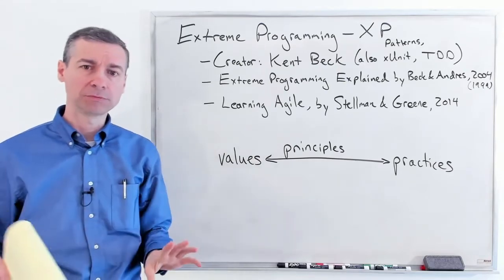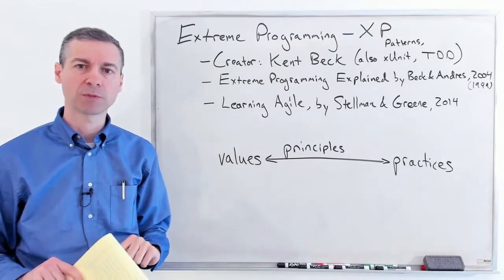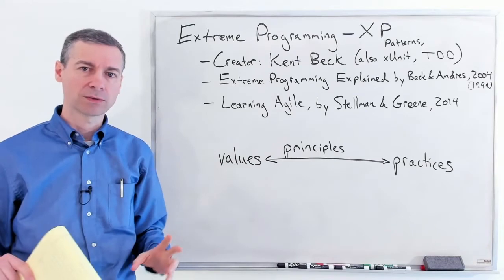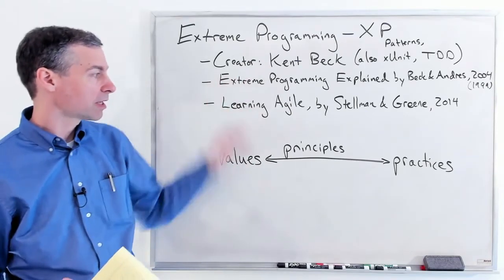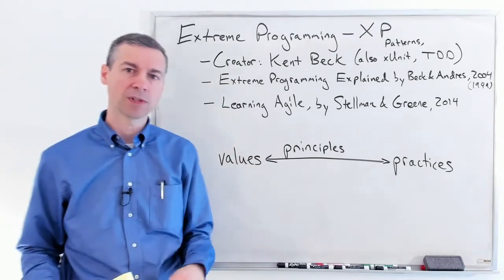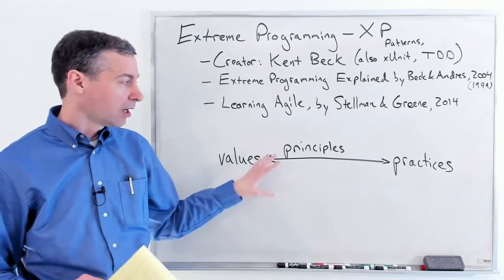Like Scrum, a really important part of extreme programming is that it starts with a set of values. Now, Kent Beck lays this out: you have to have these values, and they'll act as a philosophy of the software and the work that you do.